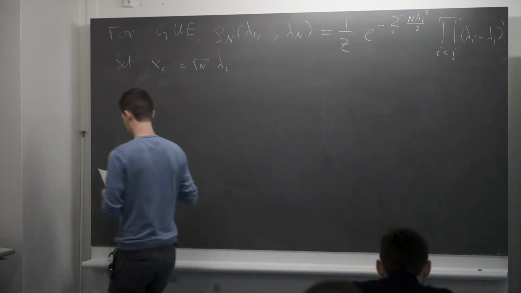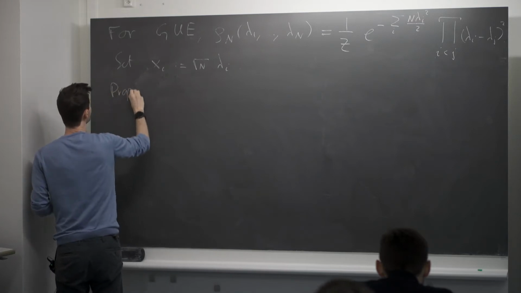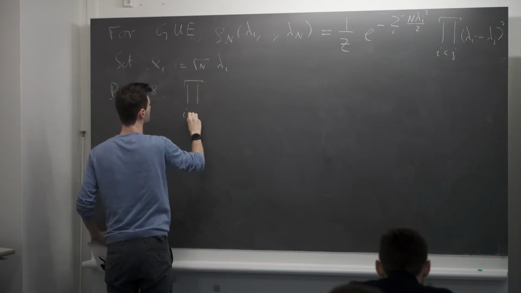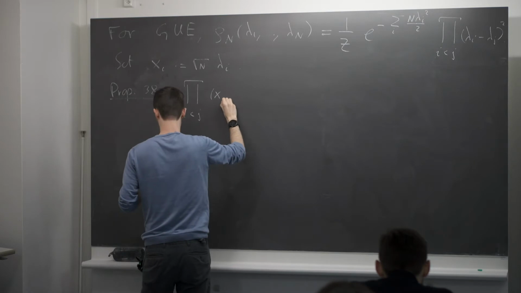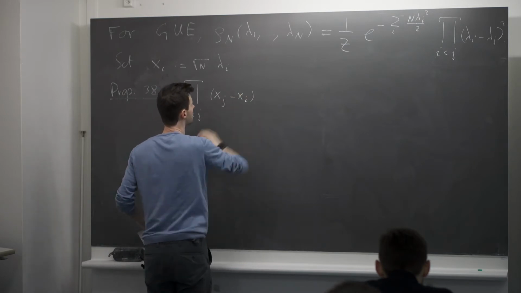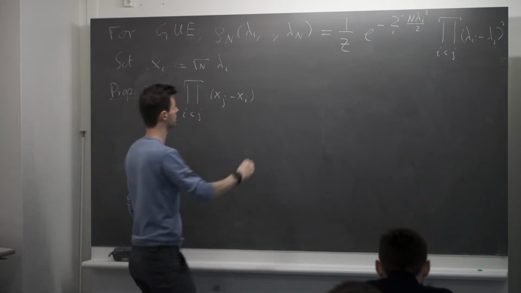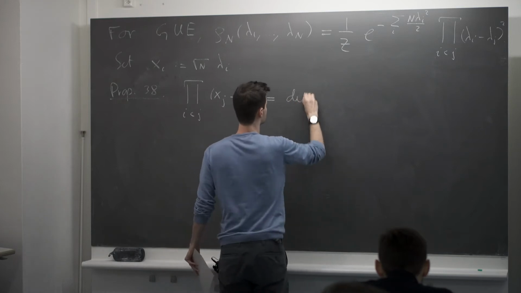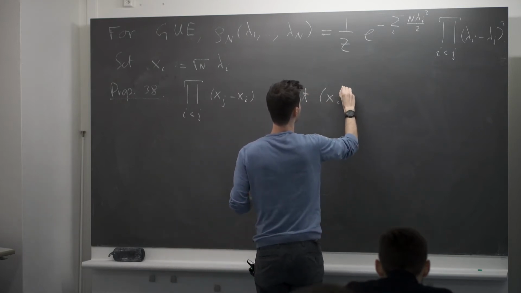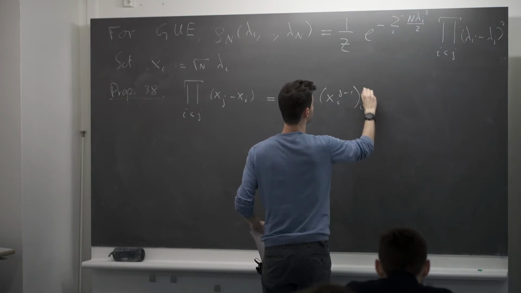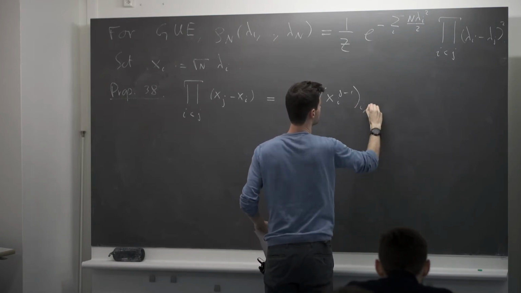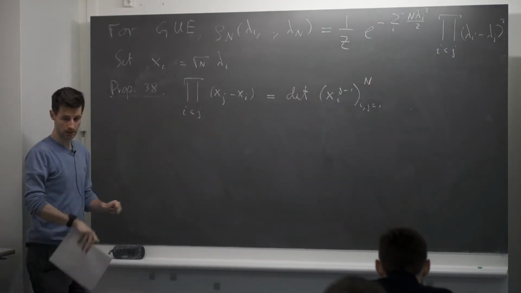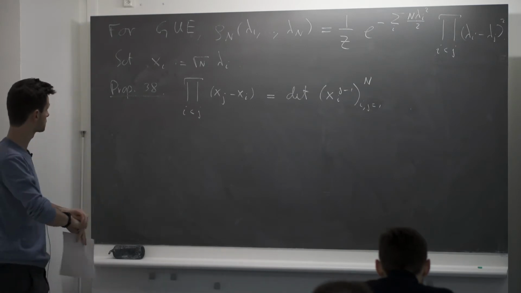So from last time we had proposition 38, which told us that the product over i less than j of xj minus xi is equal to this Vandermonde determinant, where i and j go from 1 to n. Okay, so this was this very useful algebraic observation.